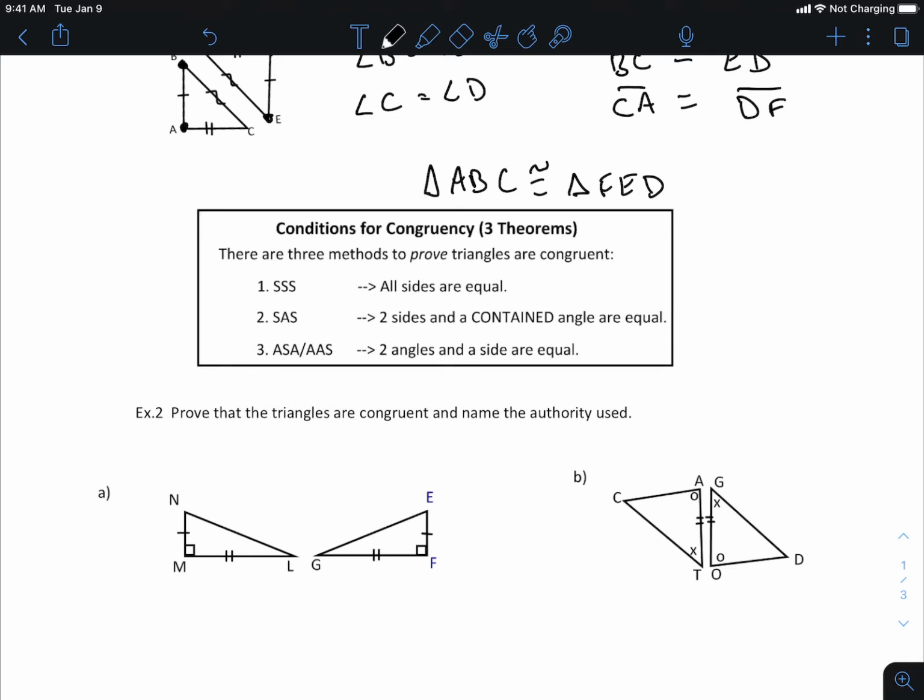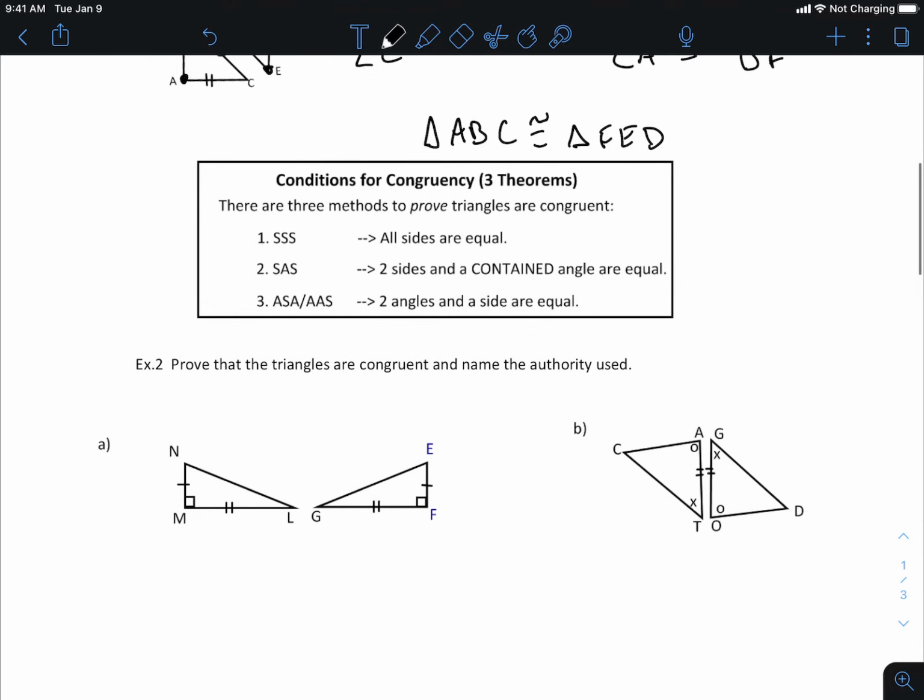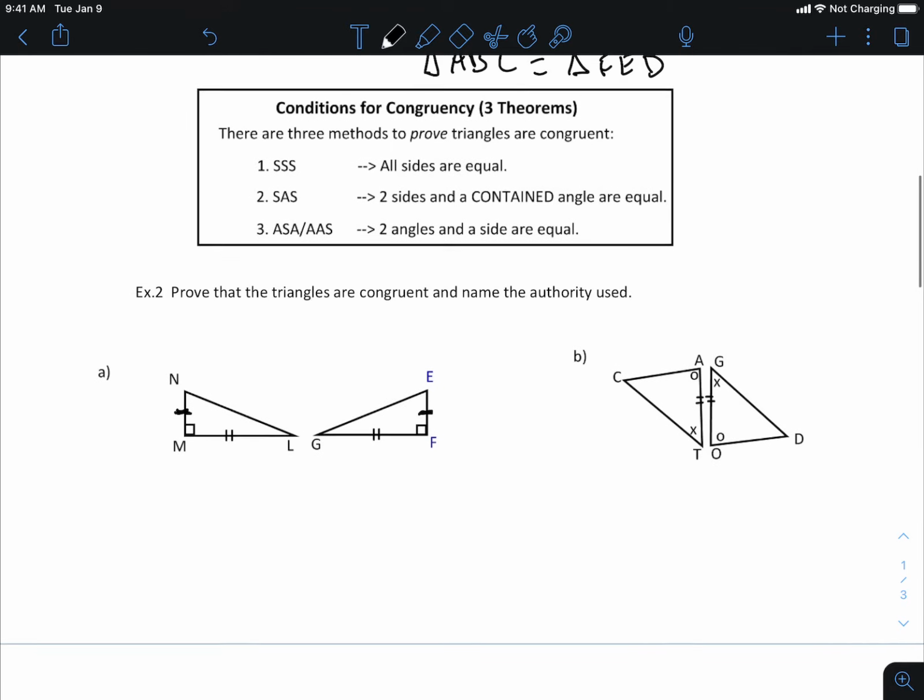So, here's what we need to prove. This isn't too crazy. We need to prove that line segment MN is equal to EF. Is it true? It's true because they've denoted here that these 2 side lengths are equal with the single hash mark. Right? So side length MN, or NM, is equal to side length EF.